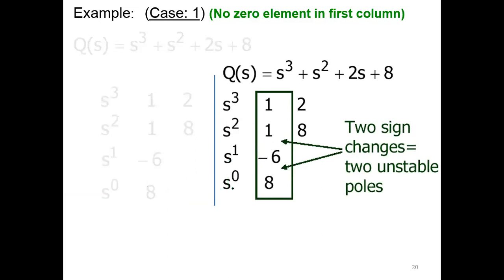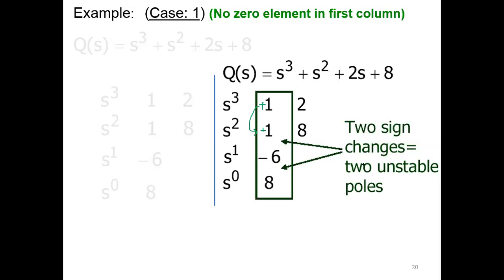So for the interpretation of the Routh table, we need only the first column. The number of sign changes in the first column will be equal to the number of unstable poles, or the poles in the right half plane. In this example, we have two sign changes. Like here we have positive sign, here we have positive sign, no sign change.